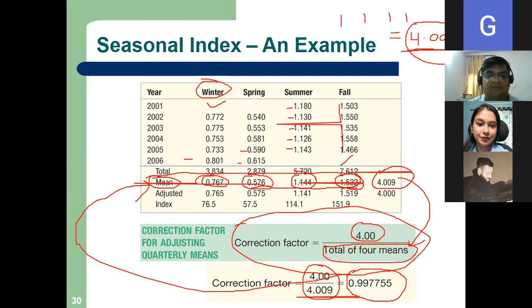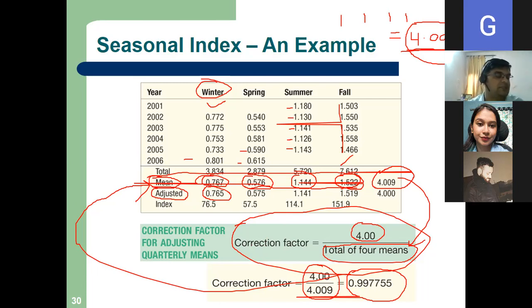If we multiply by this, we get the adjusted index. See, what was our 0.767, we have multiplied by 0.99, almost close to 1, but still there is some difference. Now this is my adjusted 0.76. This is called the adjusted index.